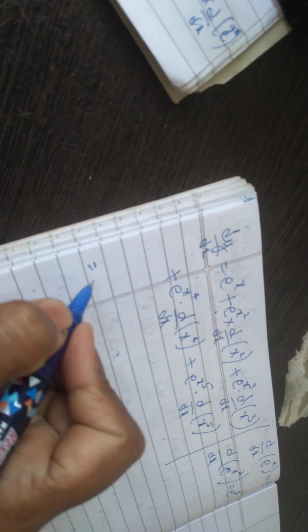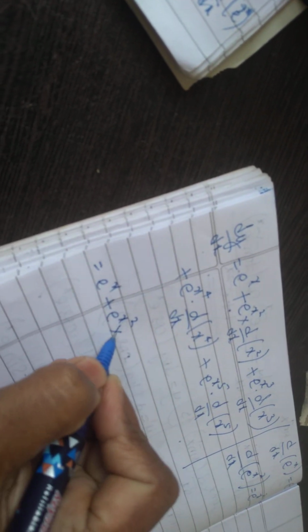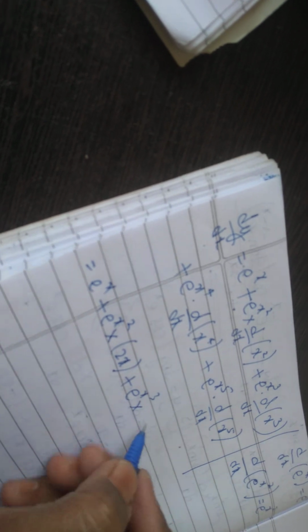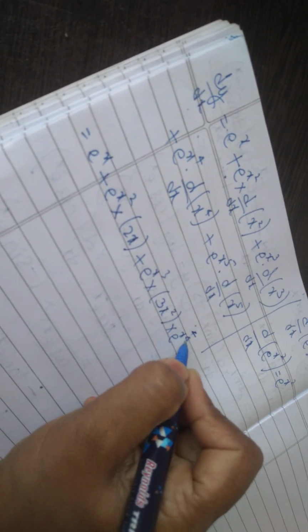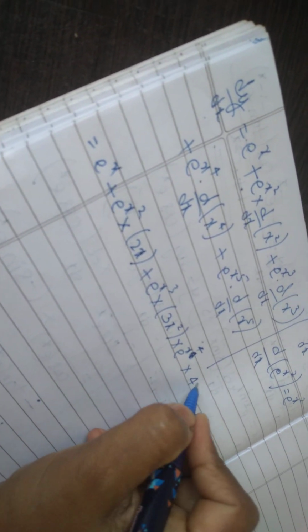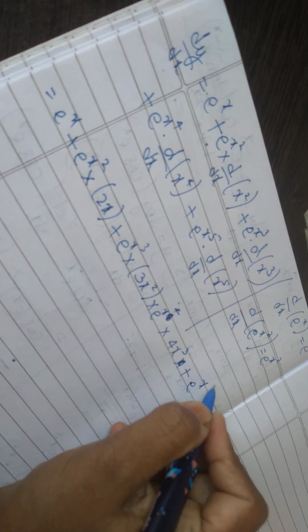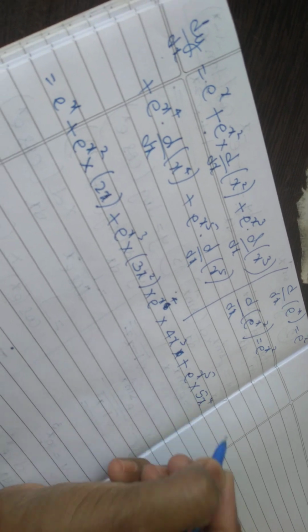Next, e power x remains the same, e power x square remains the same, d by dx of x square is 2x, plus e power x cube, d by dx of x cube is 3x square, into e power x power 4 remains the same, d by dx of x power 4 is 4 into x cube, plus fifth function e power x power 5, d by dx of x power 5 is 5x power 4.